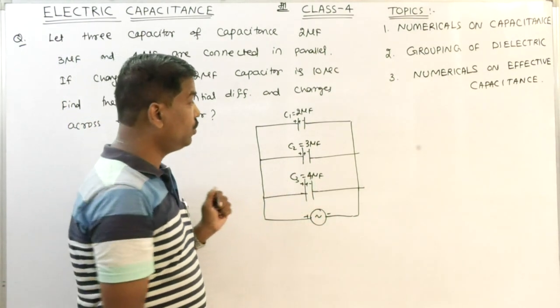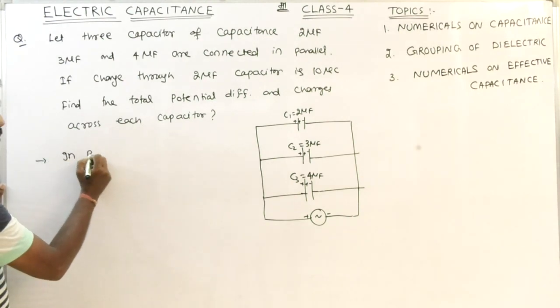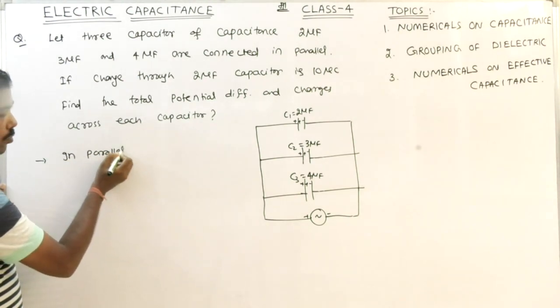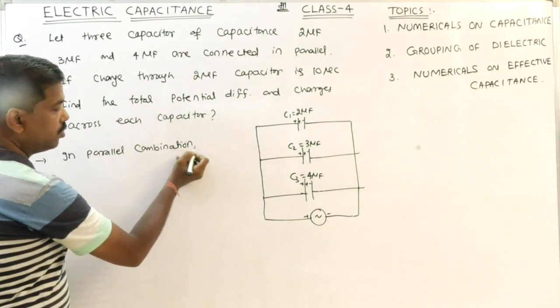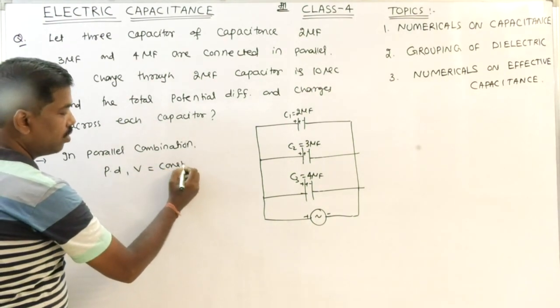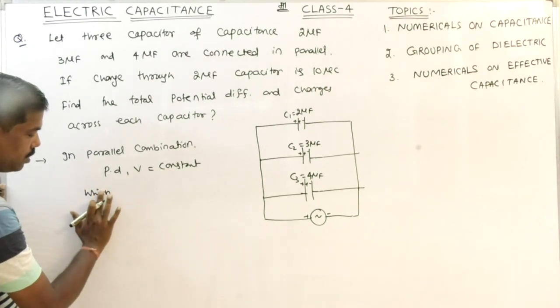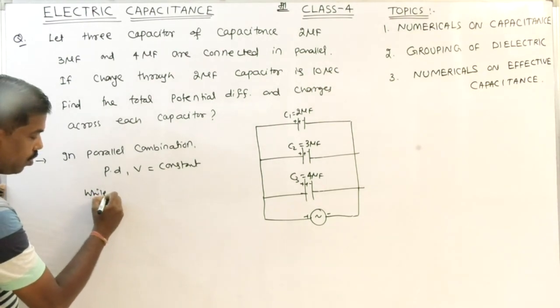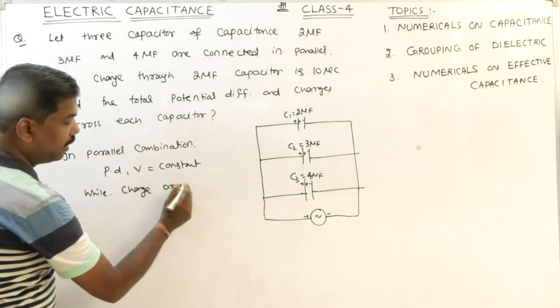In parallel combination, what remains constant? In parallel, potential difference V remains constant, while charges are variable.